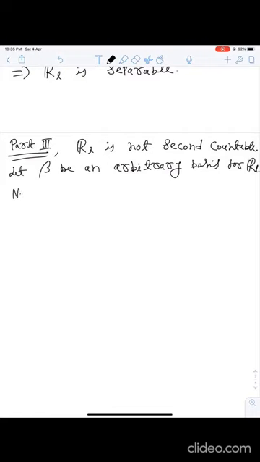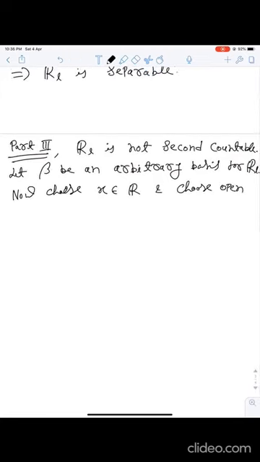Now choose x belongs to R and choose the open set [x, x plus 1) containing x. So we will choose an arbitrary element x and we choose one particular open set containing x.